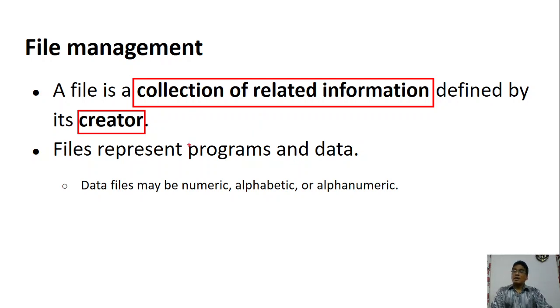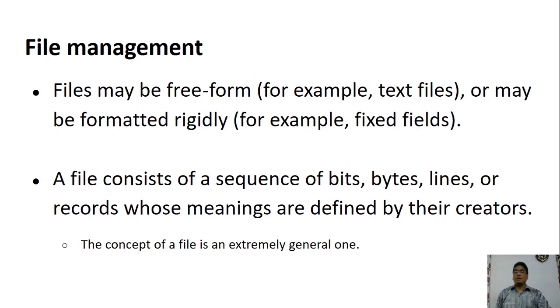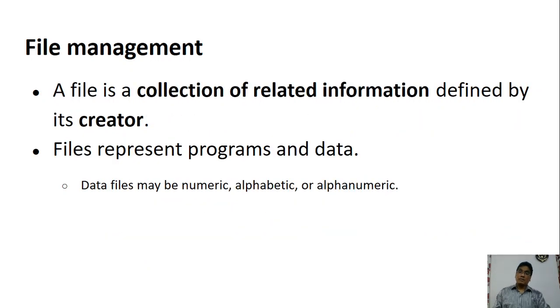Files can be either programs, as most of you want to write programs, that is, a set of instructions, or they could be data. Data could be numbers, letters, or something else. You know very well what data is. Remember, a very important thing over here is that this logically related information is defined by the creator.